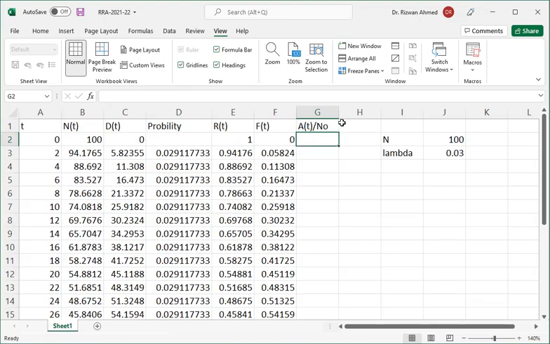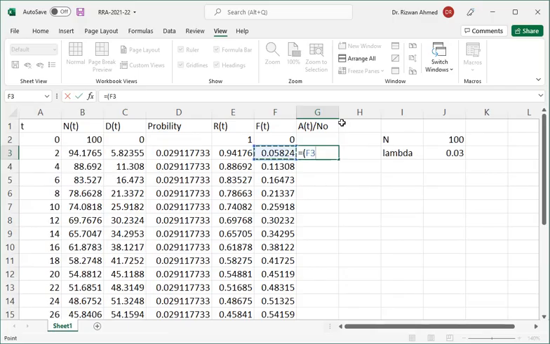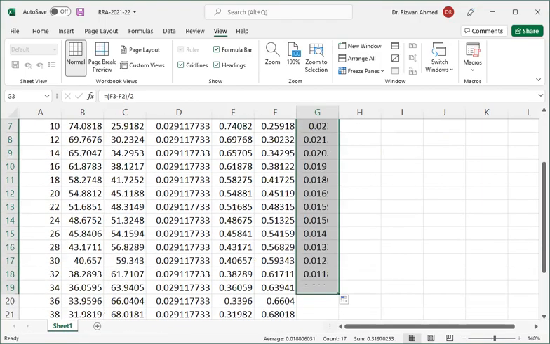So I define this value numerically, and this will be equal to the value at the next step minus value at the previous step, divided by time, dn by dt, right? And divided by n naught, right? So when I am going to compute it from f of t, there is no need to divide it by n naught, right? So divided by 2. So that is going to give us a value.